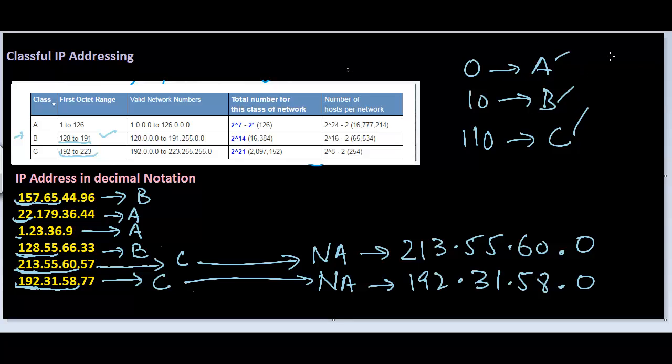Our way of doing it is that we are going to take a look at the starting value, right, whether this is 157 or this is 22 or this is 1, and then we are going to judge whether this is a class B IP address or a class C IP address or a class A IP address.